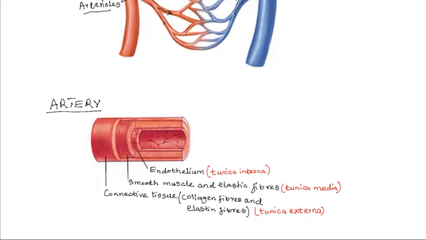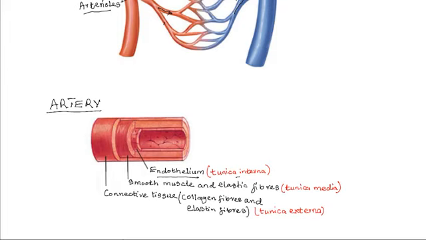There is the innermost layer of artery made up of the endothelium tissue that's known as tunica interna. The endothelium is composed of a single layer of cells. Now this layer is found in all blood vessels, not just the artery. It provides a smooth lining which offers the least possible frictional resistance to blood flow.